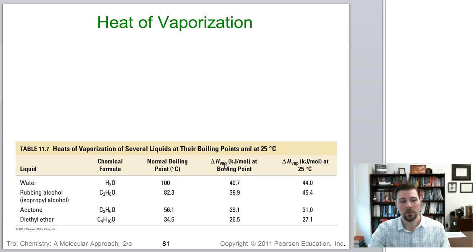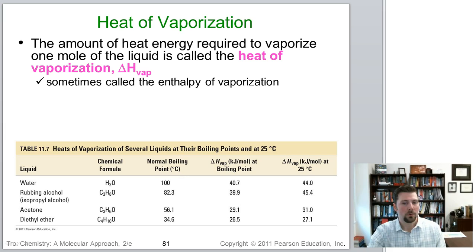We call that the heat of vaporization. Here we have water, and water, notice, requires 40.7 kilojoules per mole at its boiling point in order to vaporize. And notice it's nearly the same for rubbing alcohol. Acetone requires 29 and diethyl ether requires 26.5. This is the amount of energy necessary for the liquid to vaporize.